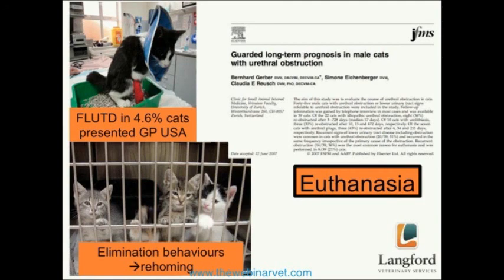Around a third of the cats, regardless of the underlying cause, be it urolithiasis, idiopathic cystitis, or urethral plugs, had recurrent episodes. The really worrying number in the conclusion was the number of cats euthanized due to recurrent episodes, the most common reason being recurrent urethral obstruction. Up to a fifth of the cats were euthanized due to that.